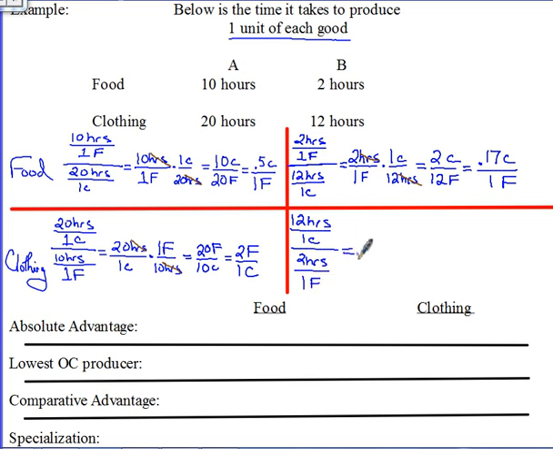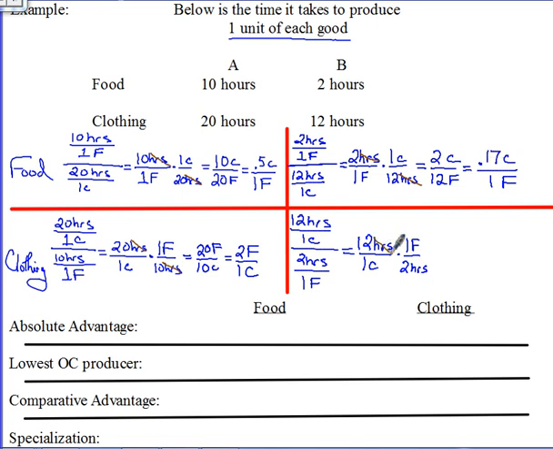The good we're analyzing, clothing, we want that to be in the denominator. Right now it's in the numerator, but it'll work its way down because we just multiply by the reciprocal. So it's going to be 12 hours over 1 clothing times the reciprocal, which is 1 food over 2 hours.